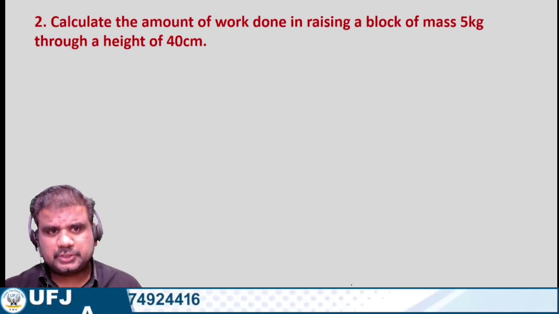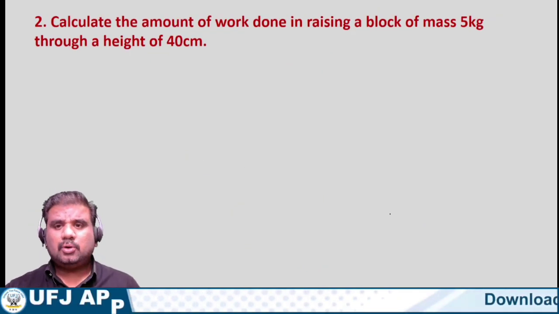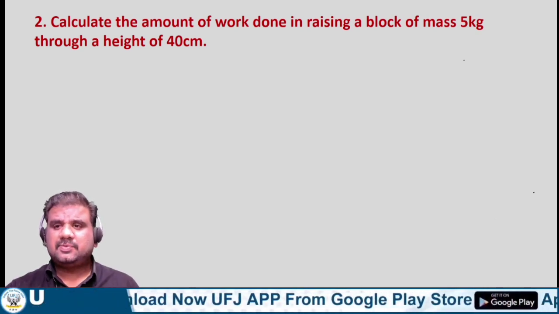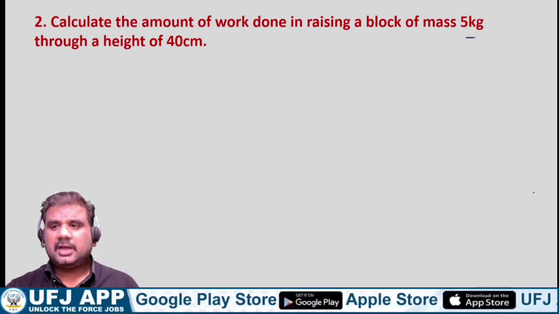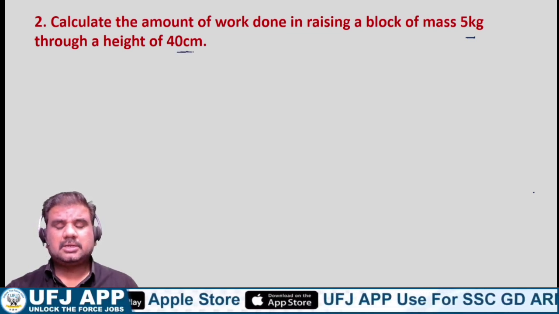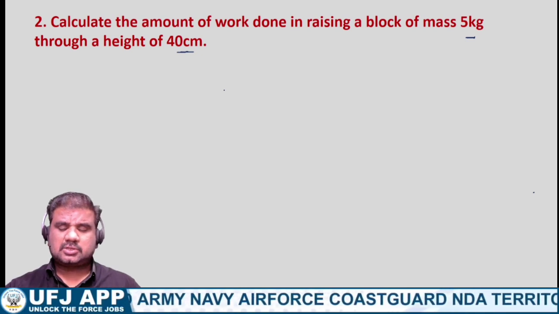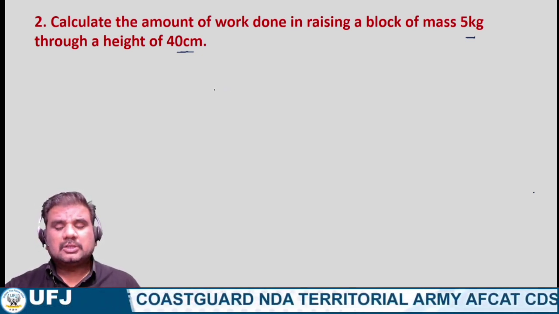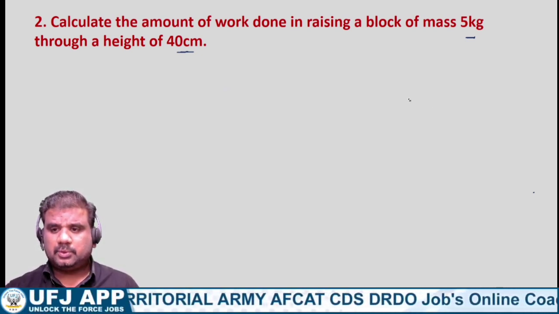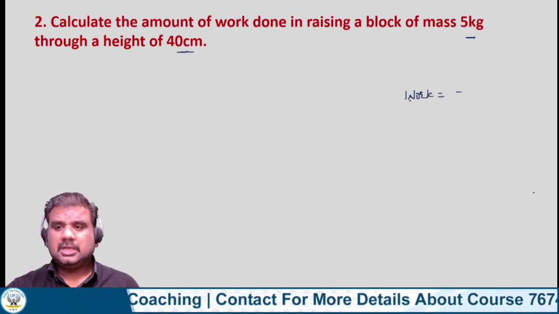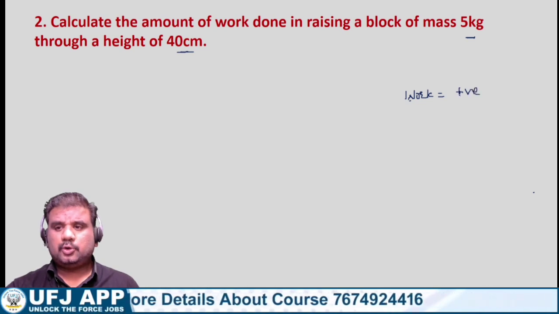Right? Next question. Calculate the amount of work done in raising a block of mass 50 kgs through a height of 40 centimeters. Right? So already we have discussed this in theory classes. So the moment you're talking about work done, work done anedi, it can be positive ayundochu.